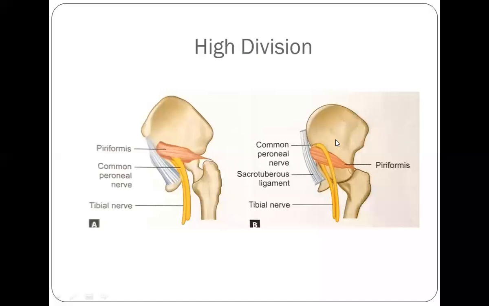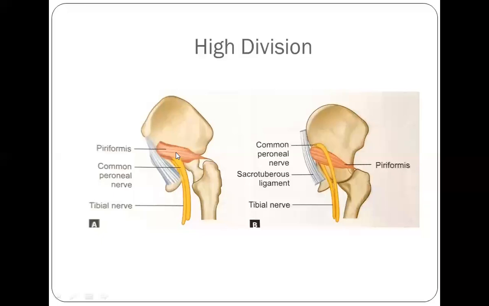Now, in some people, the sciatic nerve will divide into 2 in the pelvis itself. In the intrapelvic course, the sciatic nerve divides into 2. So in such people, the common peroneal nerve can emerge into the gluteal region above the piriformis muscle, and the tibial nerve enters the gluteal region below the piriformis muscle.